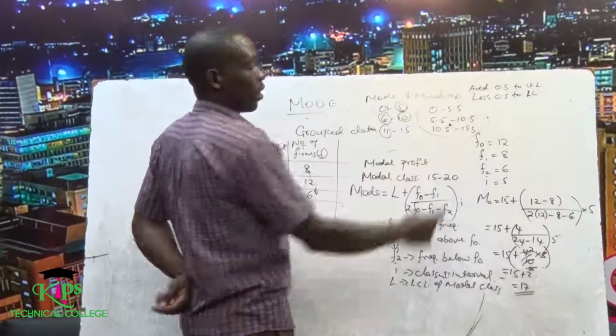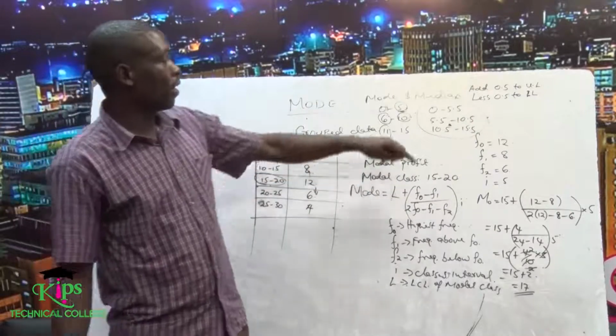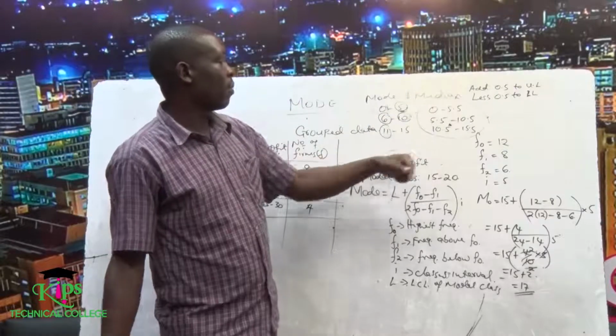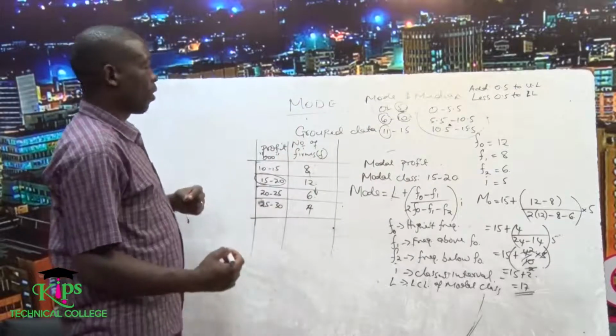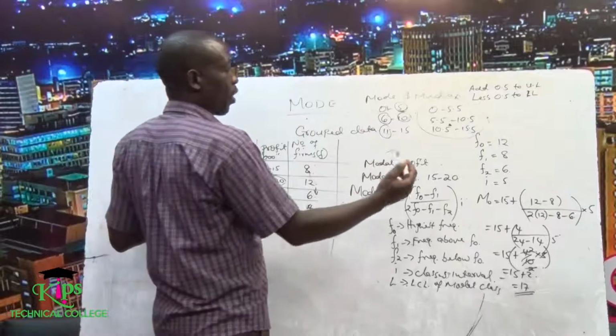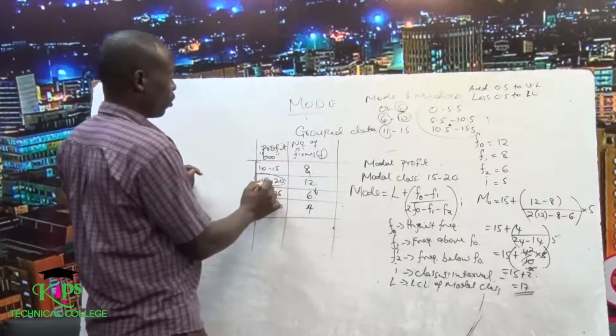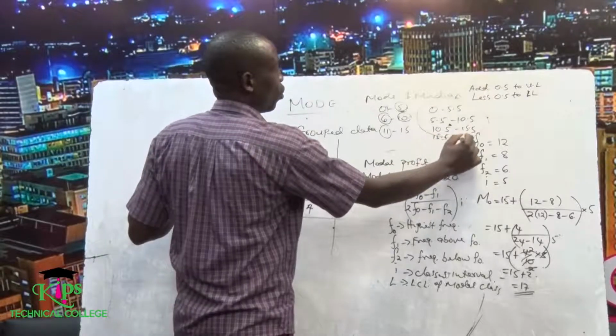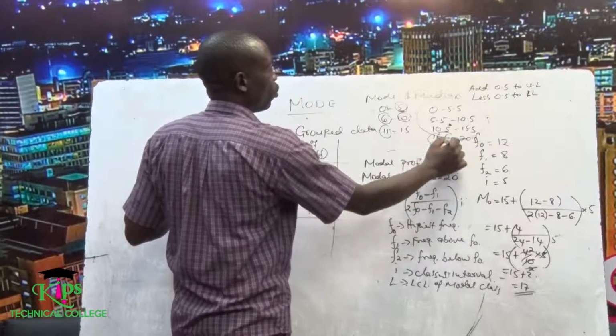By so doing, your classes become continuous, such that where one is ending is where the next one is beginning. Now if we were to get the mode, the lower limit is going to be 15.5, because the other class will be 15.5 to 20.5. So we are going to use this value.